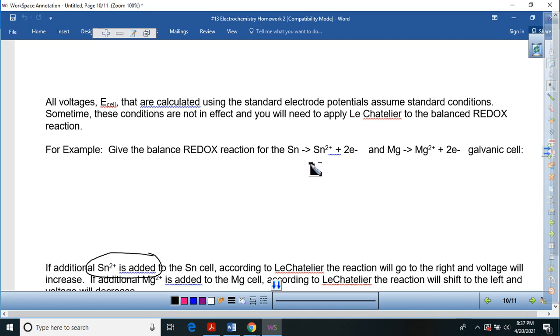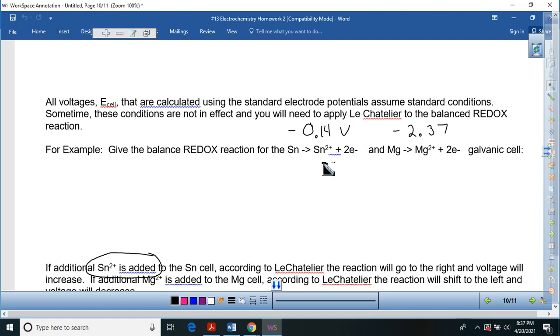And before we can do that, we need to take our numbers off of the table. So when I find tin +2 on my reduction potential table, I see that tin +2 has a negative 0.14 voltage. And I see that my magnesium is negative 2.37.